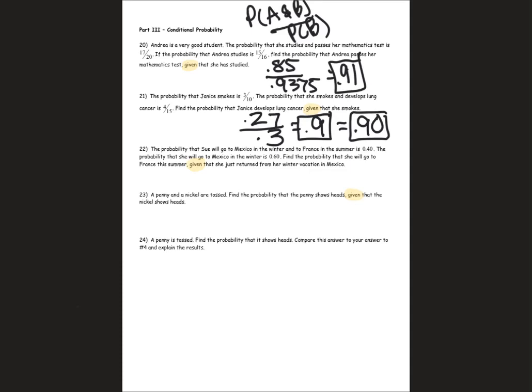So there's my and statement, so I'm going to say 0.40 in my numerator. The probability that she will go to Mexico in the winter is 0.60, so that is just one single event. So 0.40 divided by 0.60 is 0.66667. So we can round that to about 0.67 as your probability.